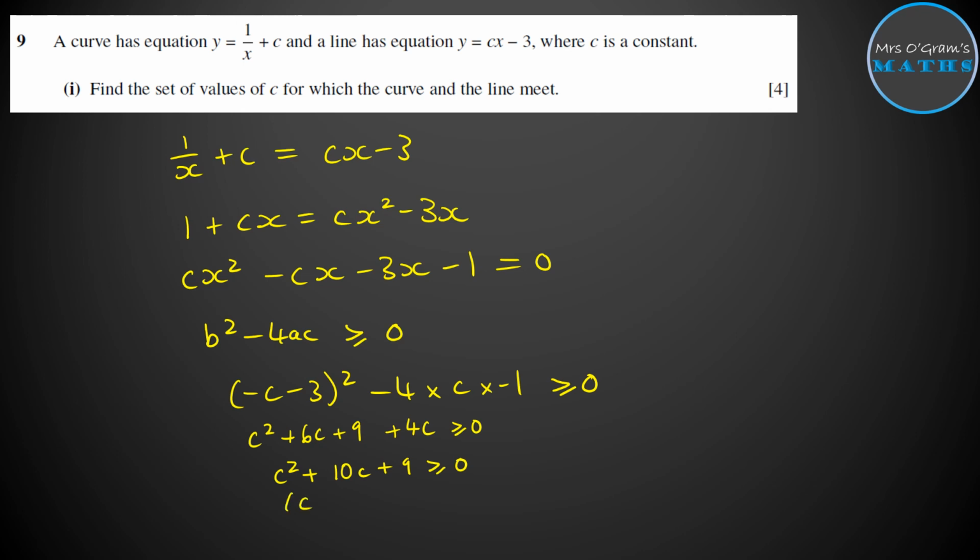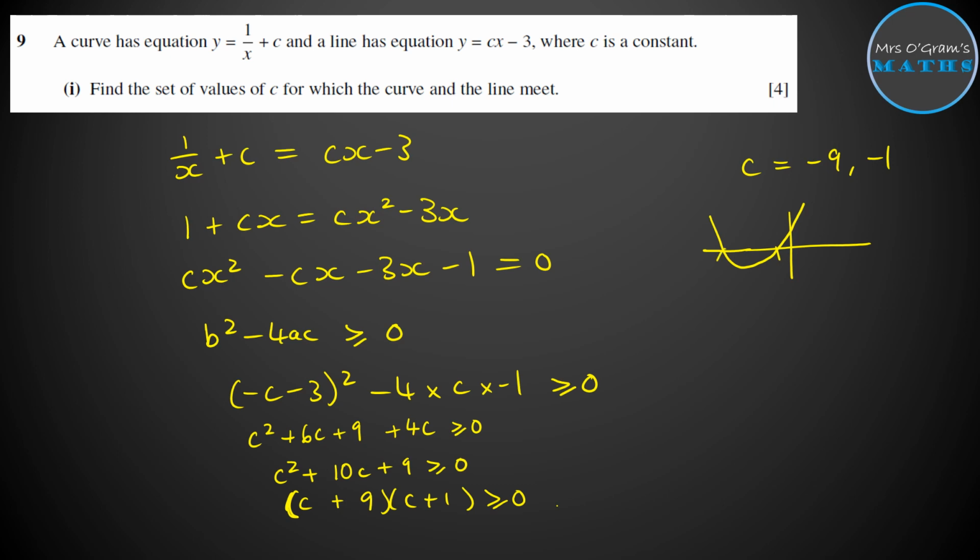Now if we factorize this, we'll get c plus 9 and c plus 1 has got to be greater than or equal to 0. So we know our critical values are minus 9 and minus 1. If we draw a little sketch of the quadratic, it's got to go through minus 9 and minus 1 like this.